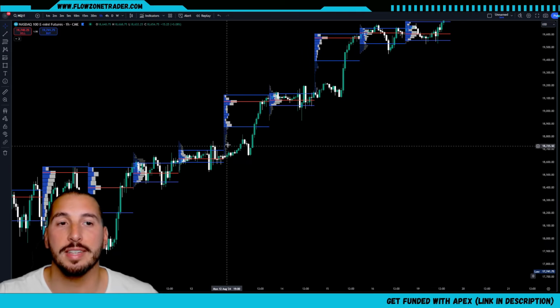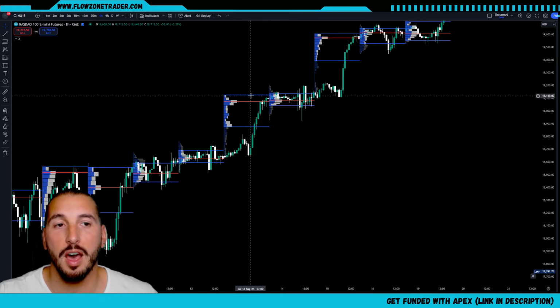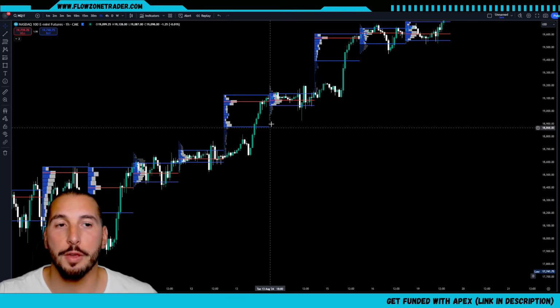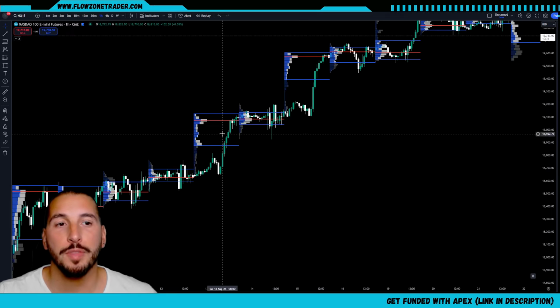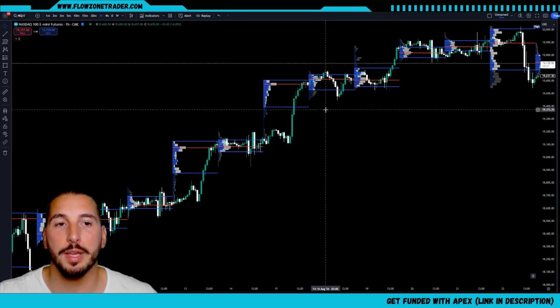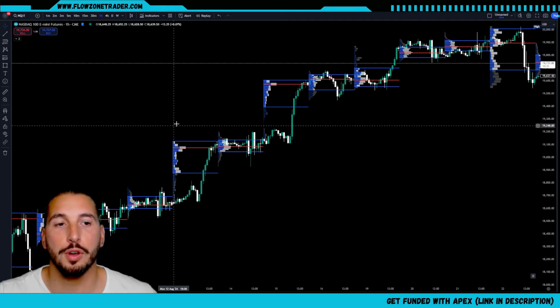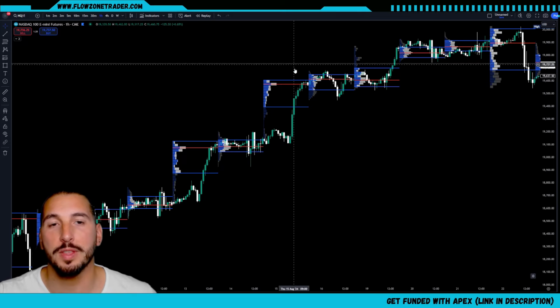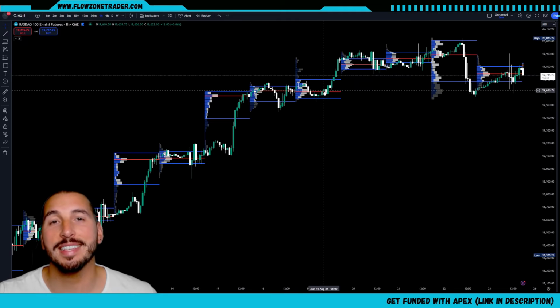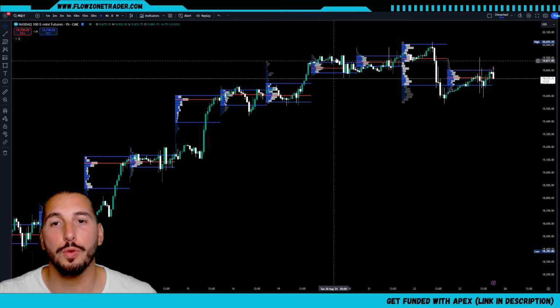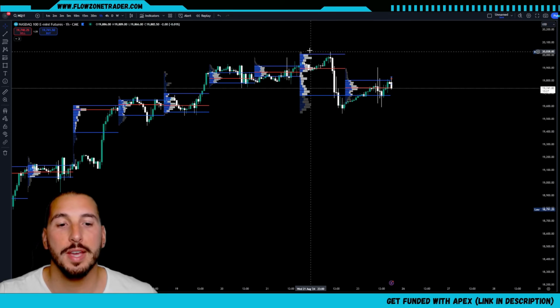And then we get this explosive move up. We trade up. We have a new value area above old value. We trade inside, we trade up again. Notice how the point of control is slowly moving up with each step, as is the value area, all the way until we get to here.